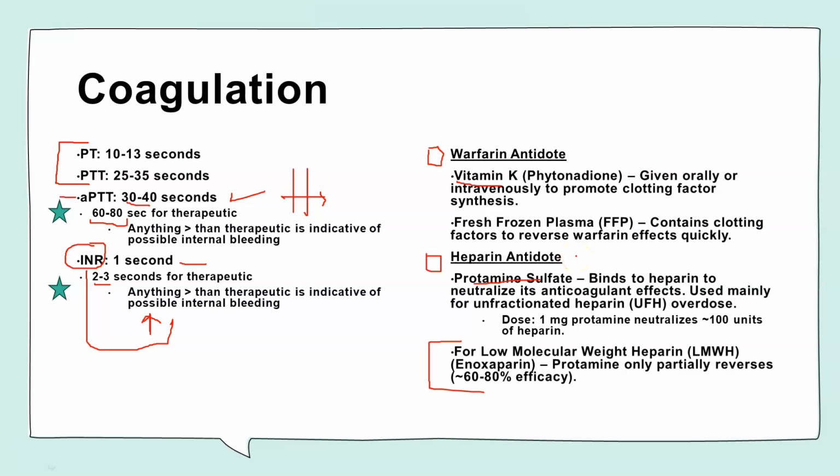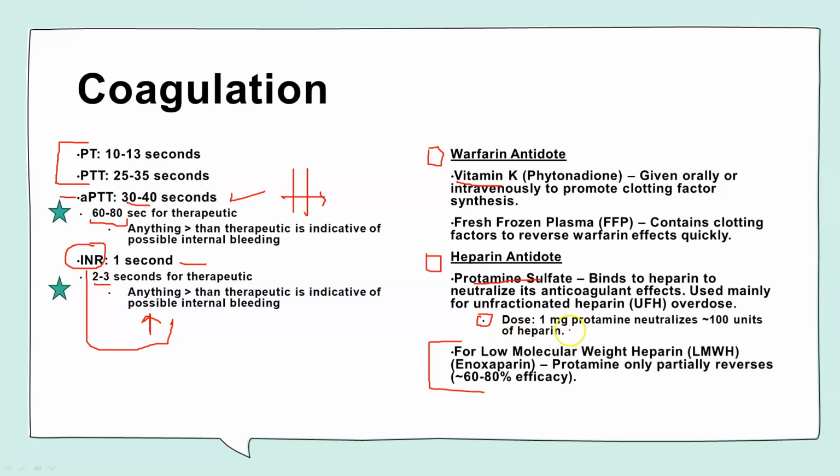So yes, we can do protamine sulfate. However, heparin has a very short half-life. This is nice to know information. If you got 1 milligram of protamine sulfate, you can neutralize 100 units. So 1,200 units would be 12 milligrams of protamine sulfate.